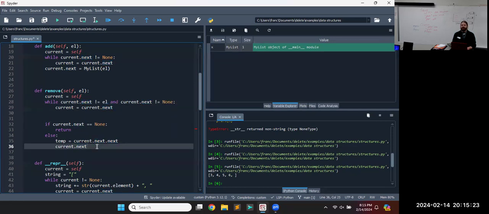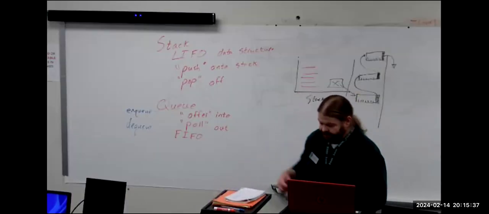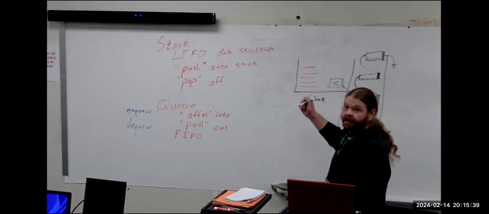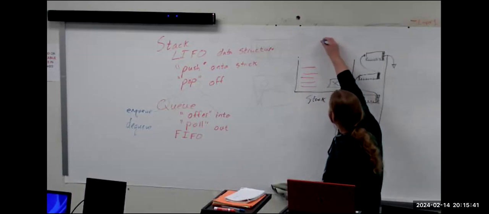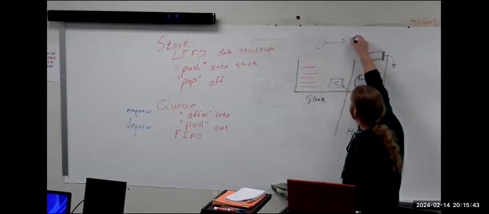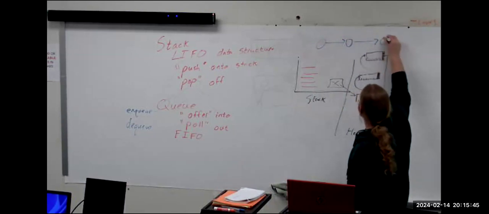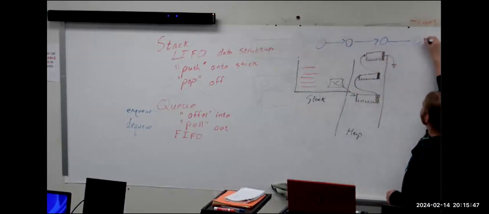So all we do is just jump right over it. We'll just point at the element after it. Does that make sense? Let me put that in a picture on the board. So we have some elements in the list, the head of the list, the second element, the third element, the fourth element, and so on.